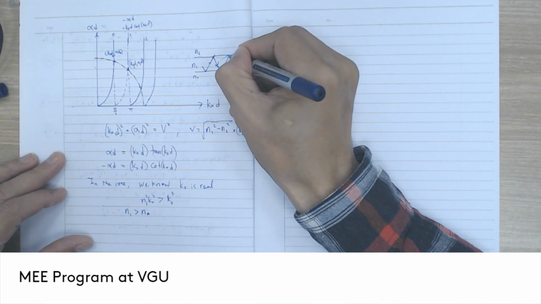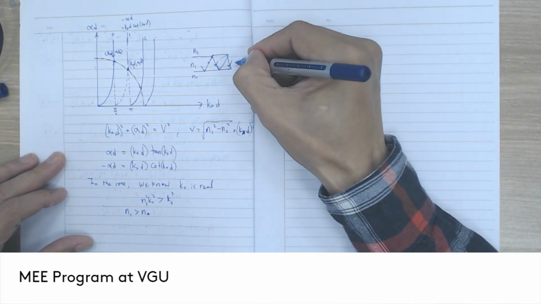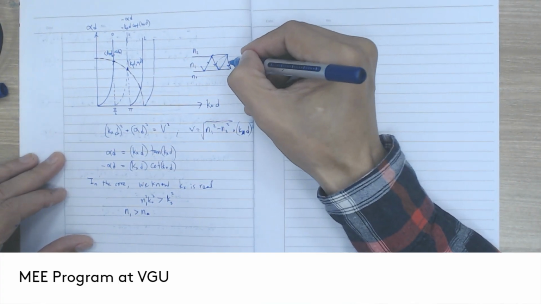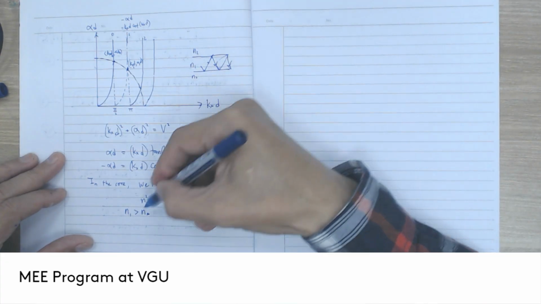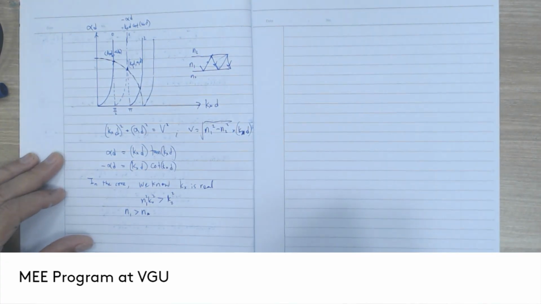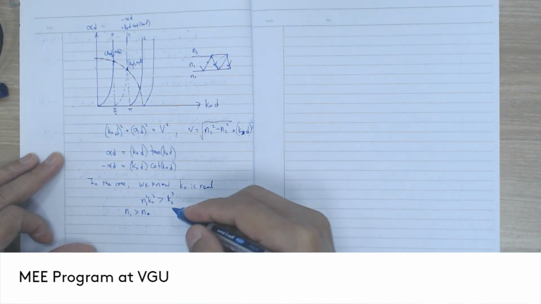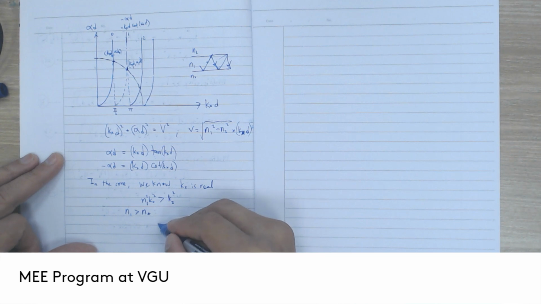So this is the so-called internal reflection. And to be able to have this situation, you have to guarantee n1 greater than n2. So this means V is real.